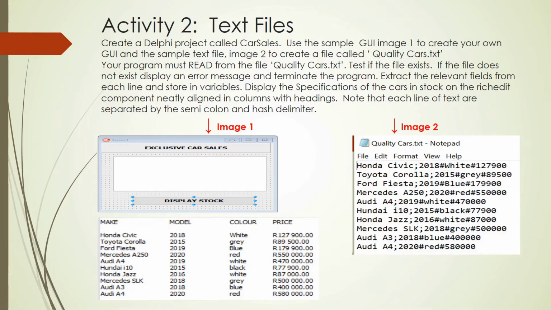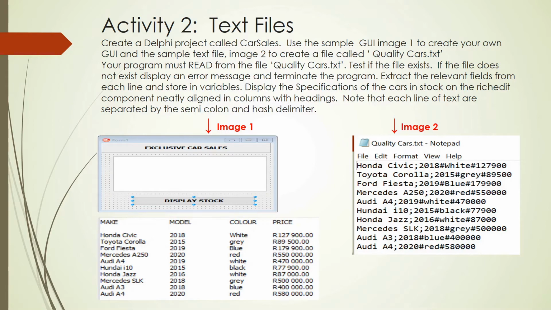Note that each line of text has semicolon and hash delimiters. This is an example of the data stored in the text file qualitycars.txt, and this is the sample output of what your program is going to look like when you display the data stored in the text file.